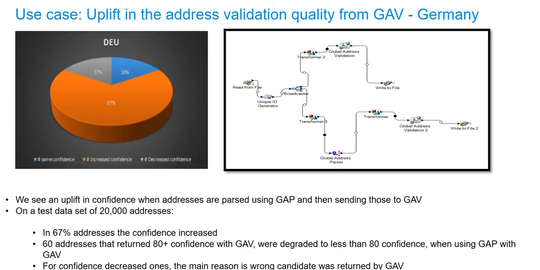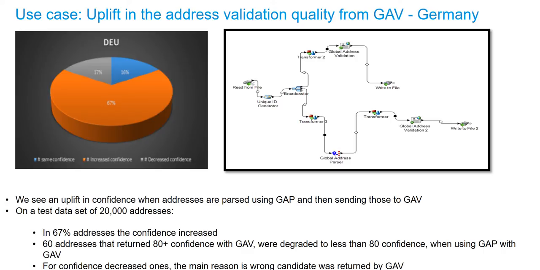Now, again, as a background, GAV validates addresses if they are validated with a confidence above a certain threshold, which is 80%. So after parsing, if that confidence increases, and certain addresses which were valid but were validated with a confidence lesser than 80 reach 80 after parsing, this is a sure shot win for the address parser.